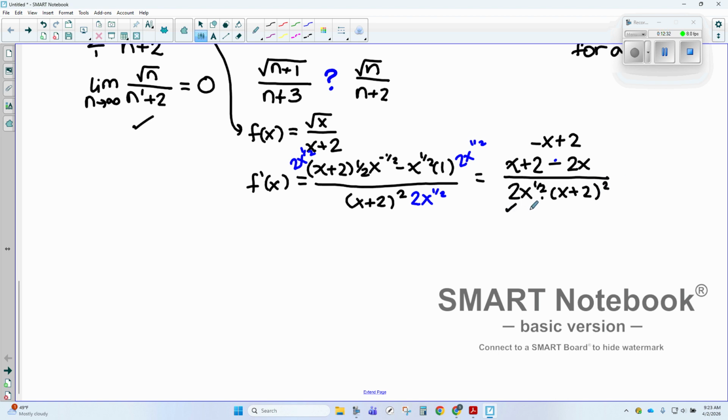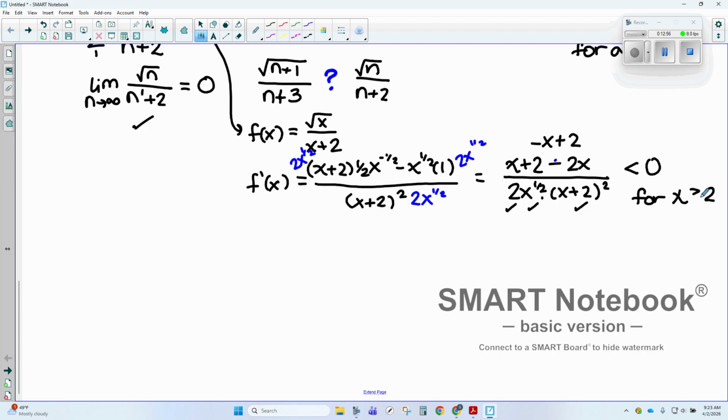Now, 2 is a positive number. Square root of a positive number is positive. A positive plus 2 and then squared, anything squared is positive. So this is going to be a negative fraction anytime x is greater than 2.